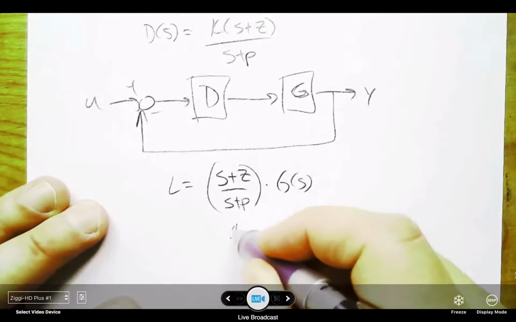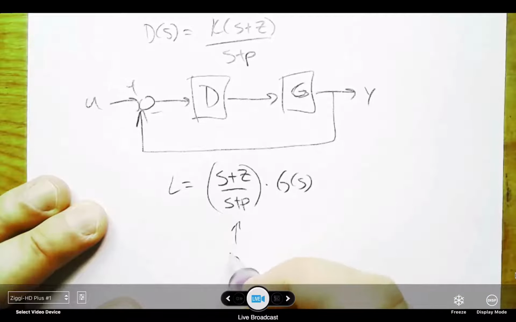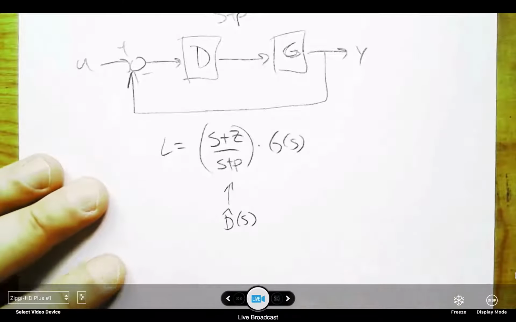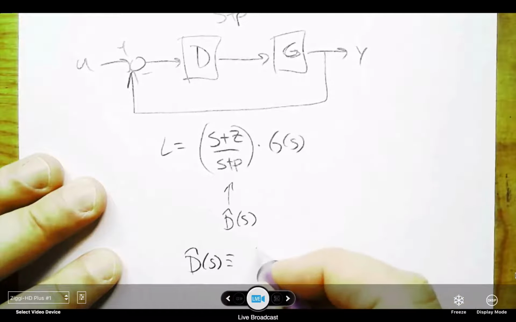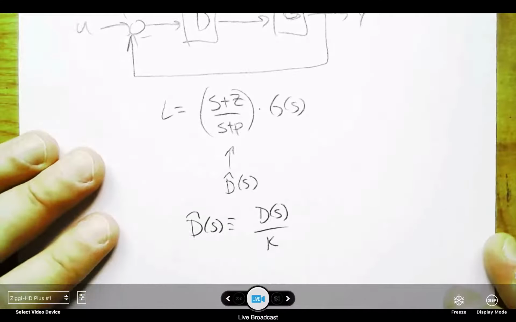So this is my D hat of S, where D hat of S is defined to be my D of S divided by the gain that I'm trying to factor out.